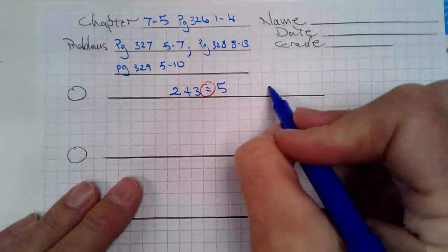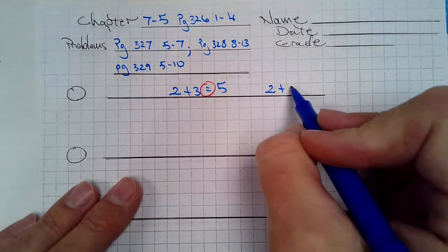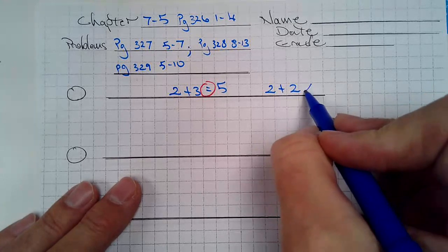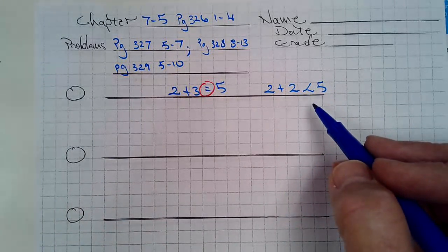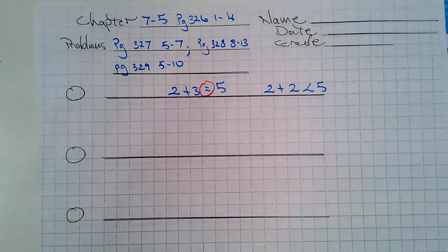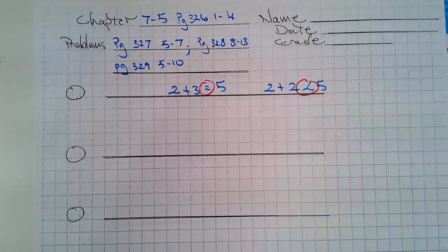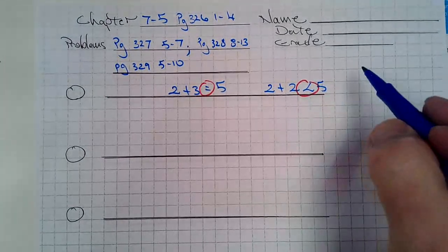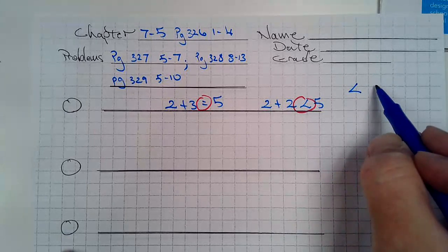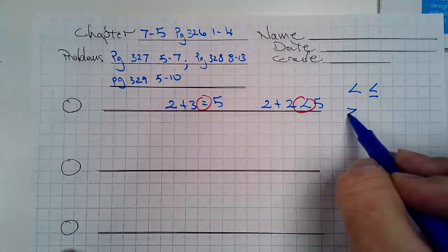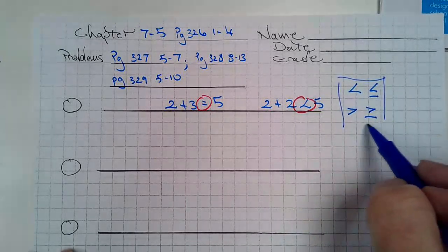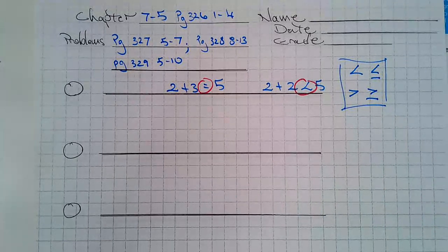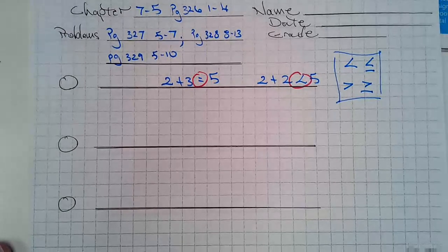Now, if I wrote something like 2 is less than 5, that is an inequality, because it has a less than sign, or less than or equal to, or greater than or equal to. Those are all inequalities, and that's what we're focusing on in the next couple lessons.